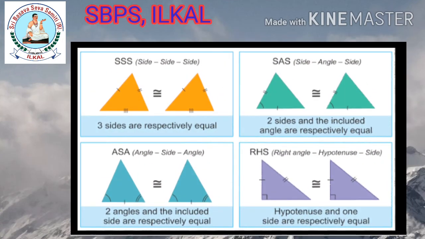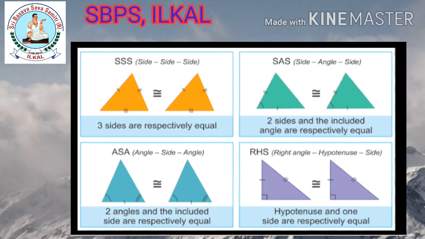If the given two triangles are congruent, we will use a symbol in between the two triangles. Observe, children. It is the symbol for congruence. First, three sides are respectively equal. So both the triangles are congruent under the SSS congruence criterion. The second one, SAS, side, angle, side. Two sides and the included angle are respectively equal.